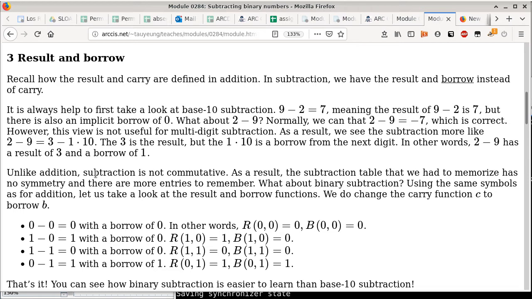Just like it works out in this case, 2 minus 9 is a 3, but since we have a borrow, the borrow is a 1, but we have to multiply the borrow by 10. So we have 3 minus 1 times 10, which is negative 7. So it's just the way we represent it. Just the way we look at it. In other words, when I walk out of the door with $1 in my pocket, what is my net worth? My net worth is not $1 because I owe someone $2, right?